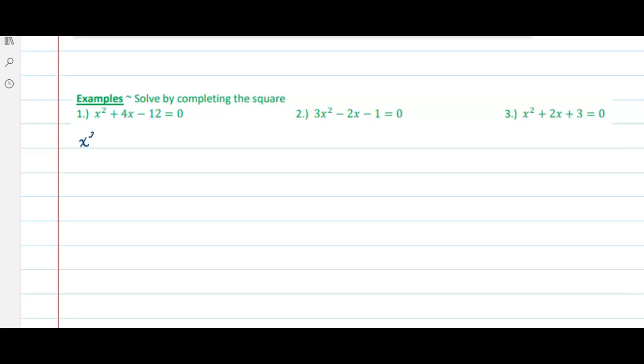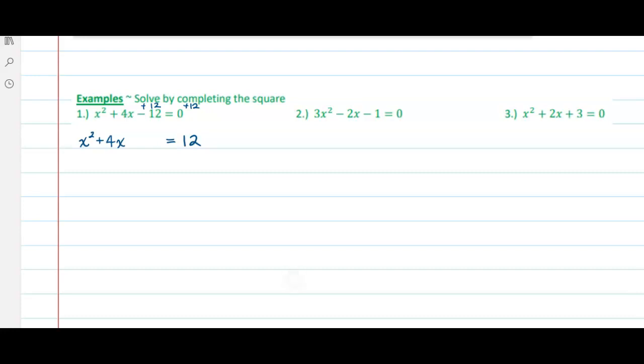If my terms have an x, they're going to stay on the left. But if my terms don't have an x, like negative 12, I'm going to add it to both sides to put my constant on the right. So terms with variables on the left, constants on the right.